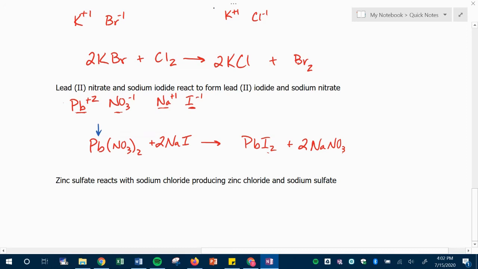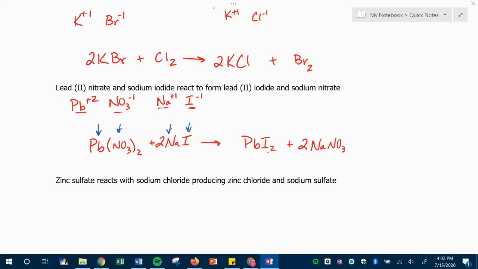So you balance the Pbs first, then NO3s, then Nas, then I's. And 99% of the time, if you do that, everything will balance out. So don't worry about the fact that the first thing we did was add a 2 over here, which then changes the number of sodiums. Just work your way from left to right across the reactants. And by the time you get to the last reactant, everything should be balanced out.